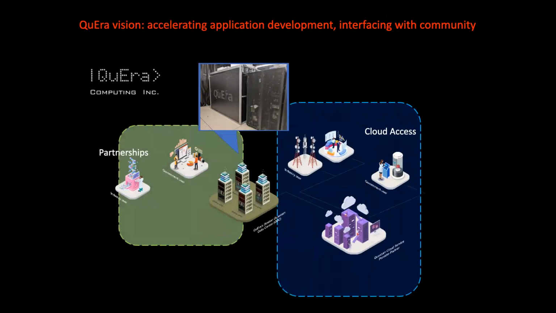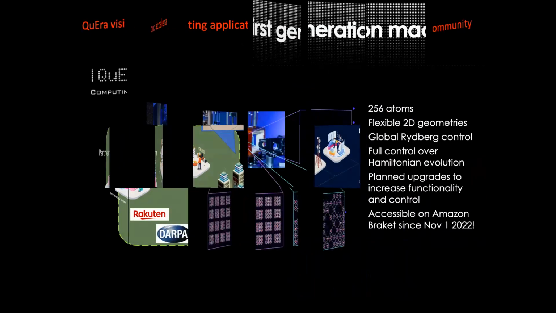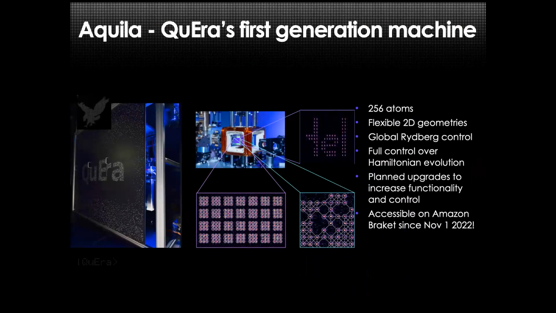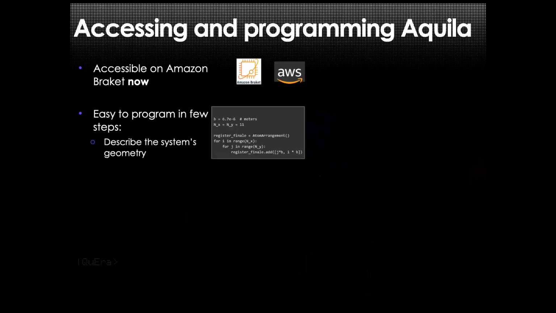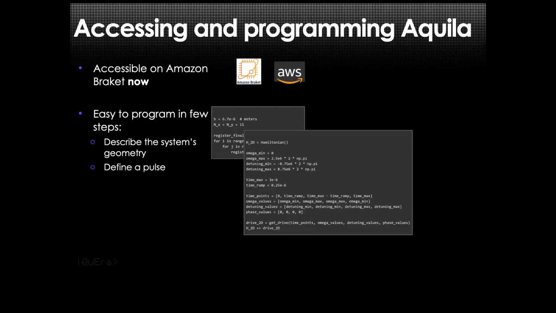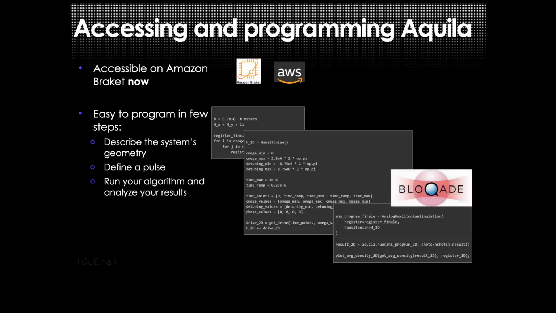So I think I used up my time now, but I wanted to tell you a little bit about what's happening at QuEra. They also had a big year because, as I already mentioned, their machine became available on the cloud. And apparently it's relatively easy to program. You can define system geometry, define pulses which are applied, and then you can run it.